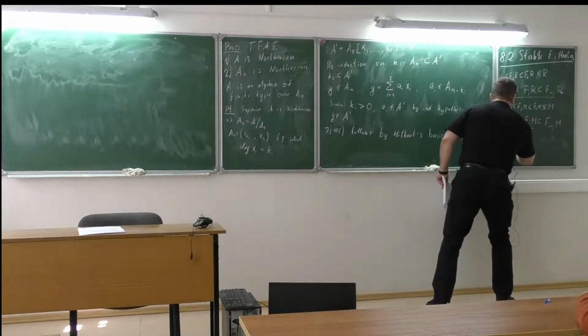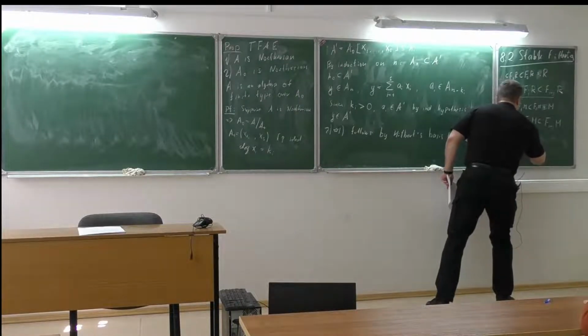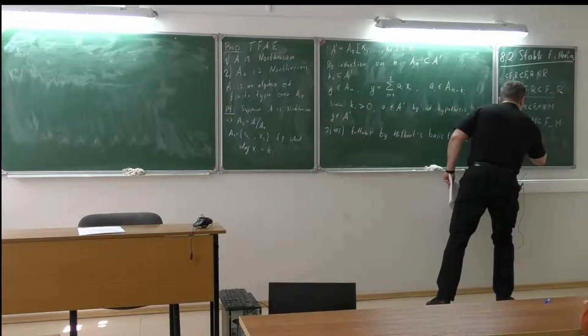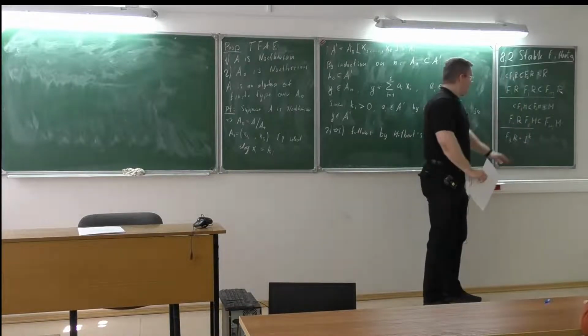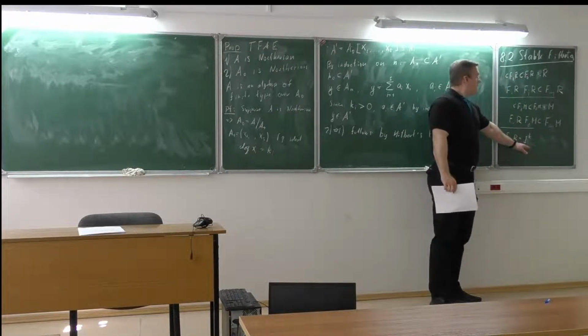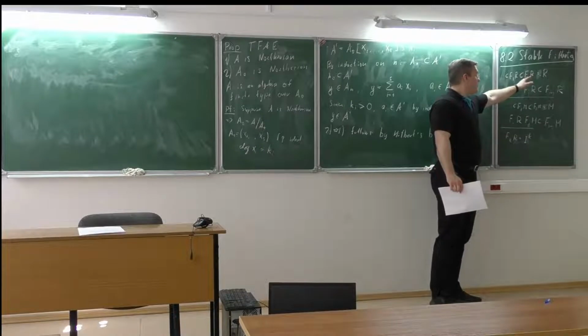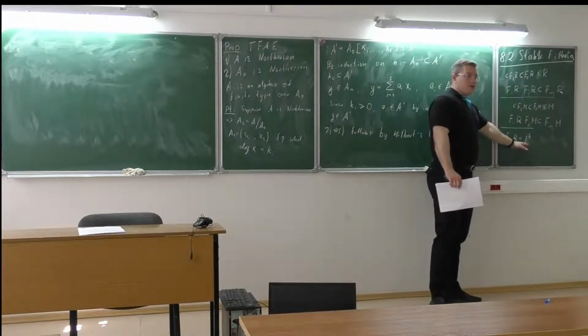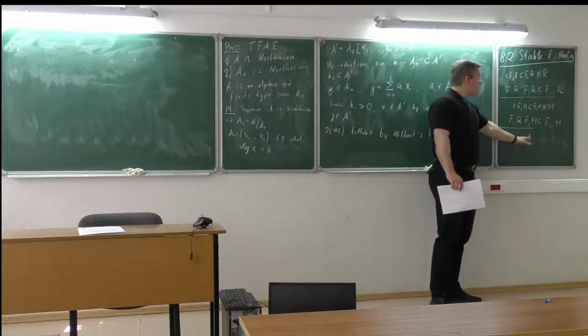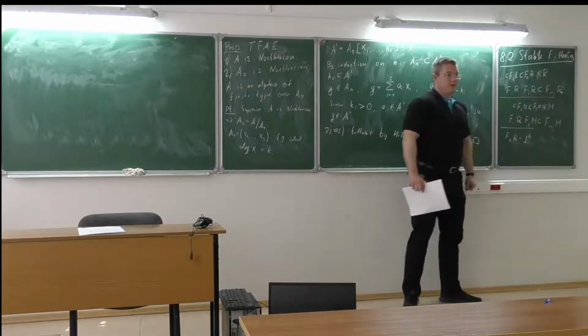FkR is I to the k, where I is some fixed ideal. So any commutative ring is filtered by powers of some ideal, where by definition the zeroth power of the ideal is just equal to the ring.